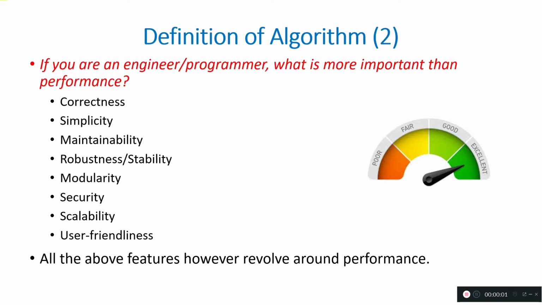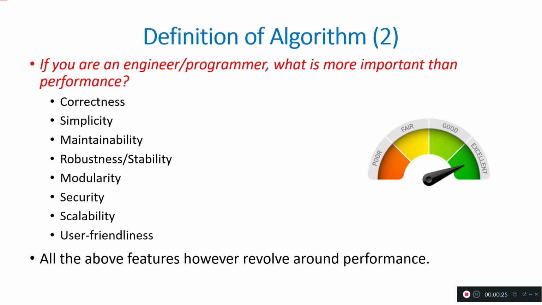Now, a very important question that arises is: what is more important than the performance of a computer program? Interestingly, this is a question often asked in interviews in the software development industry. As an engineer and programmer, you should be able to come up with these features. The first one is correctness.